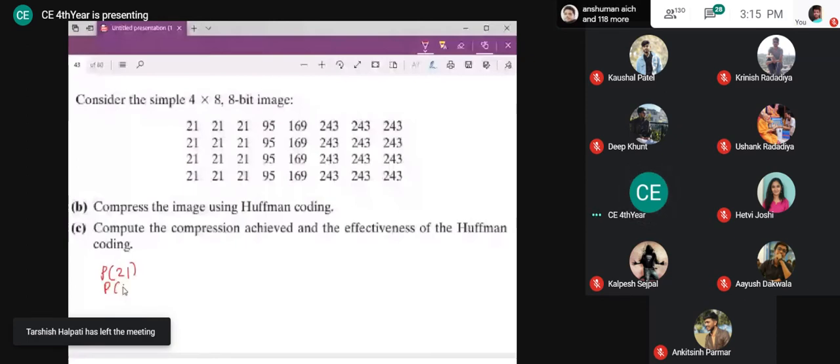So probability is required. Last time you calculated, I hope you have that calculation. If not, then quickly calculate and let me know. This is 4 cross 8, that is 32 intensities. And 12 intensities out of 32 are 21.